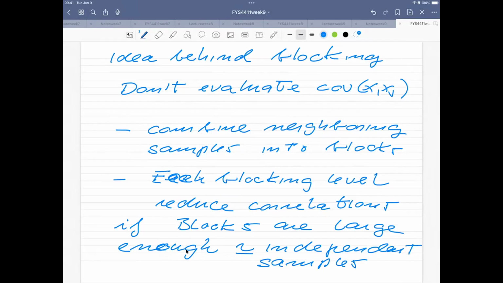So what you would do then is start with a data set, and then you have a blocking transformation. Your total variance is going to be preserved because you're just changing the way you organize the data. So the mean values have to be the same, and the total variance has to be the same.